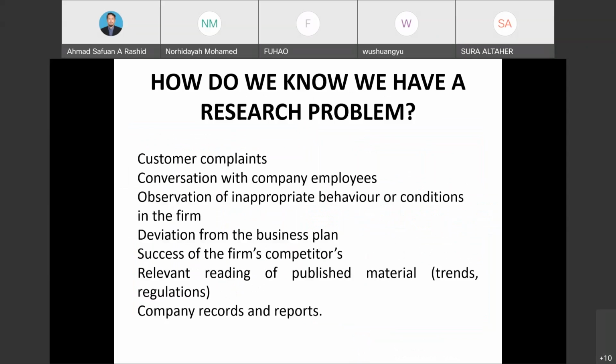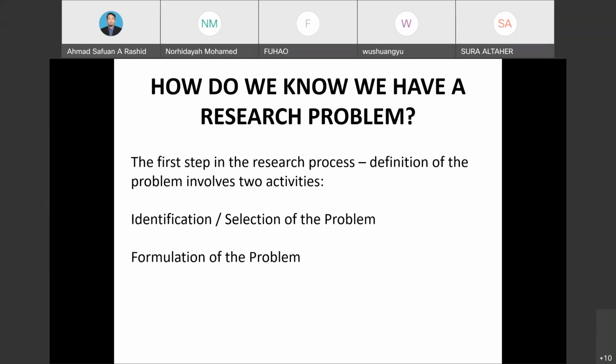It is based on our reading, relevant reading of the published material. The rest is just additional information that we can gain. Because we are more related to the PhD level, we need to rely on scientific documents or material.